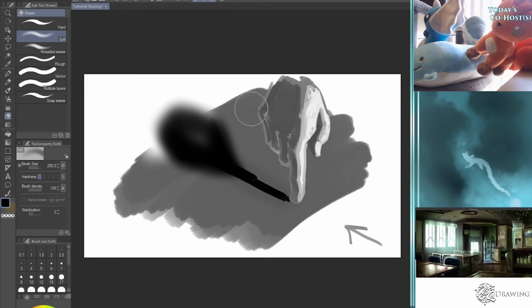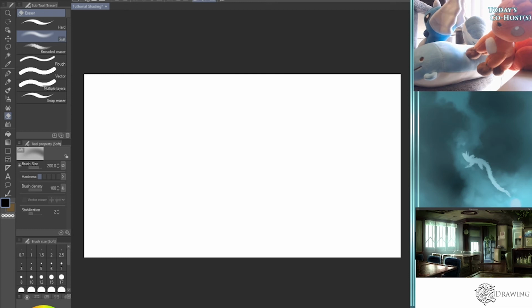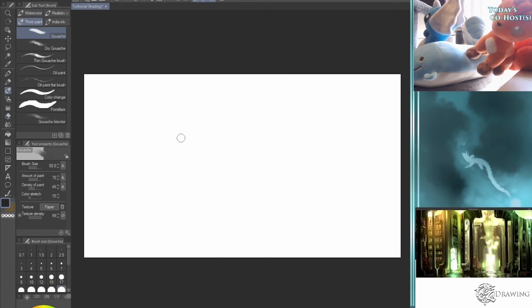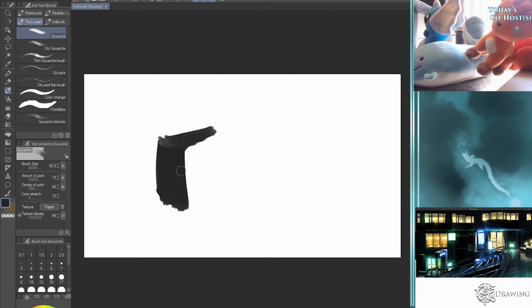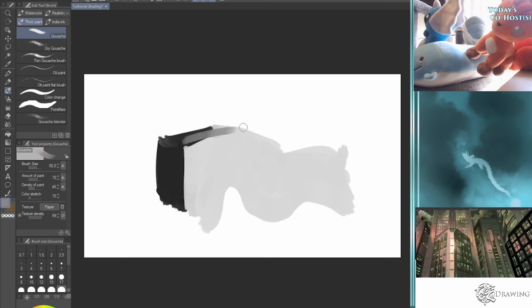But there's another dimension to this as well. I'm going to draw an abstract shape. But you can think of this to be like, say, a cloth.